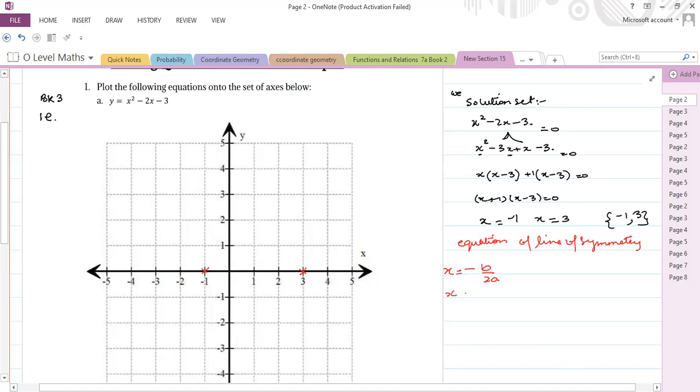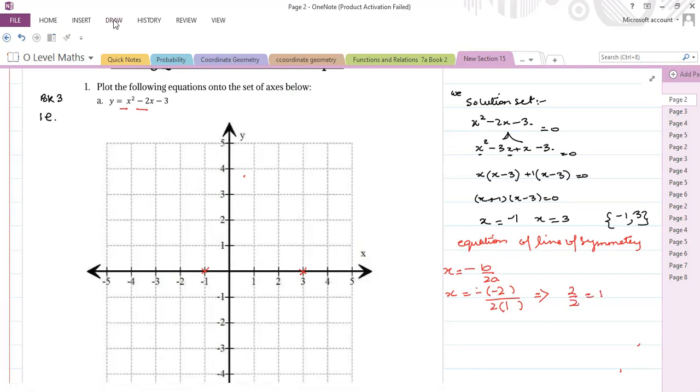So x equals minus, and we can see here that minus b is actually minus 2 and a is 1, so we put 1 here. 2 upon 2 gives us 1, so x equals 1.